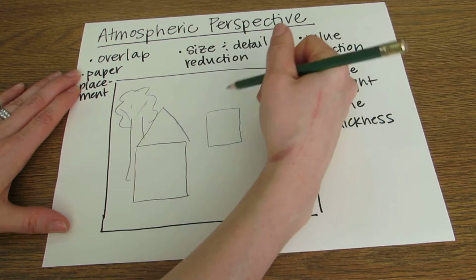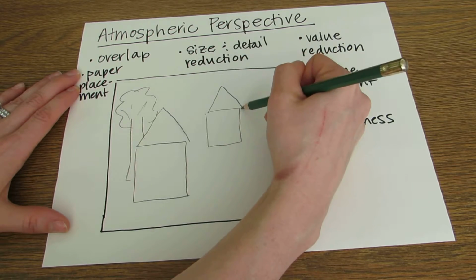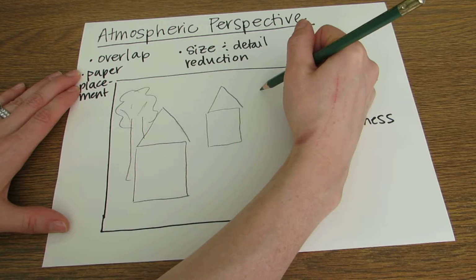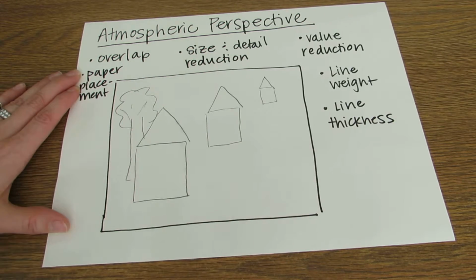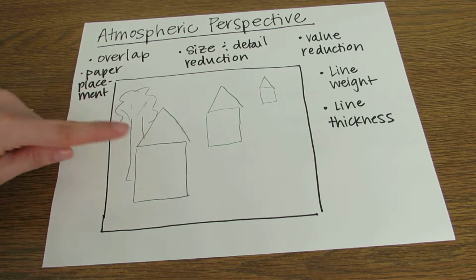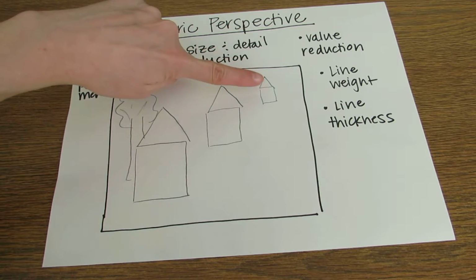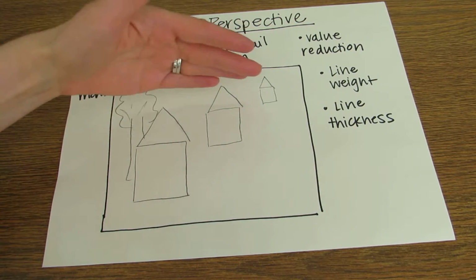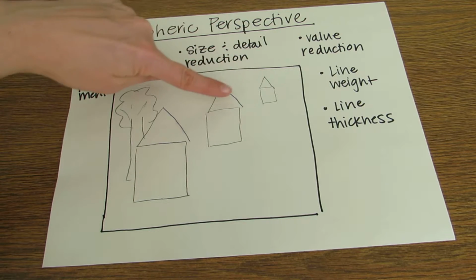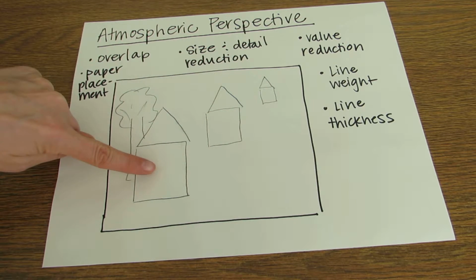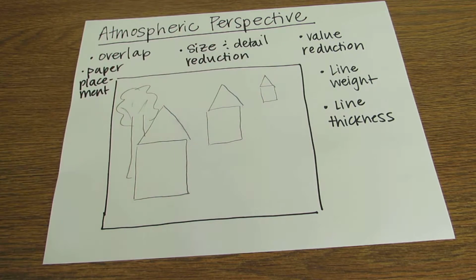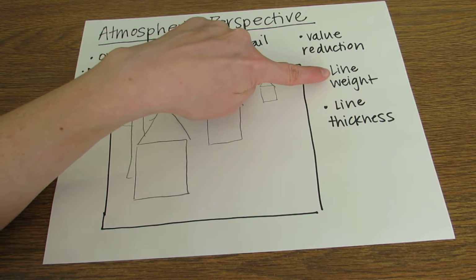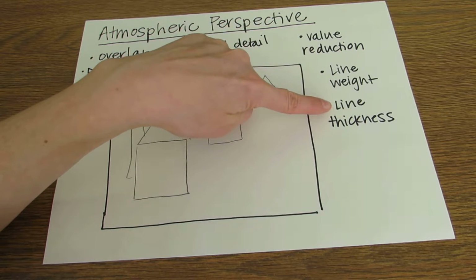This doesn't mean that the houses are actually a smaller size or drawn in miniature, but it just appears that when things are further away, they appear to be smaller. So now it looks like these three houses are further away. This one's much further away than this one, and that one's further away than this one, because they get smaller and they're moving up on the page.